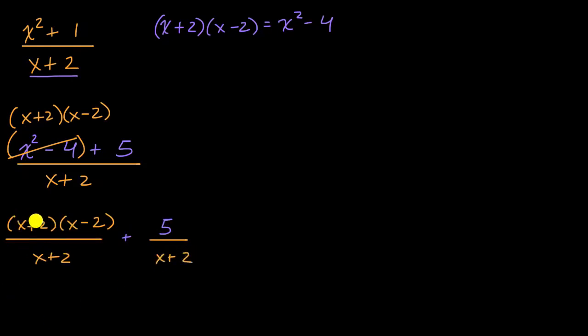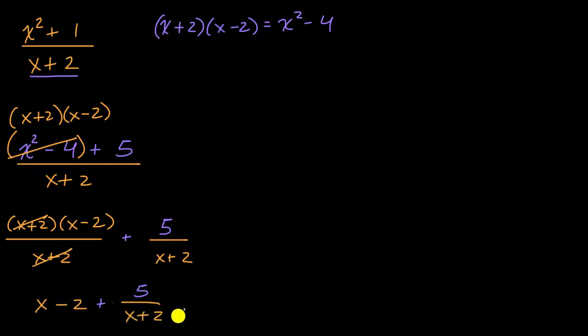And now, as long as x does not equal negative 2, we could divide the numerator and the denominator by x plus 2. And then we would be left with x minus 2 plus 5 over x plus 2.